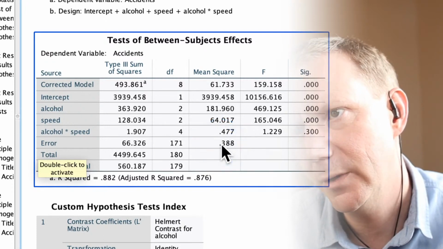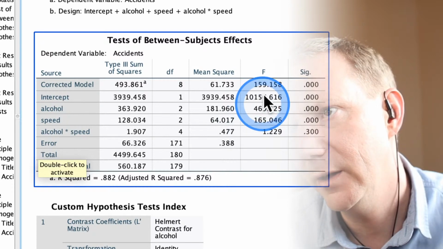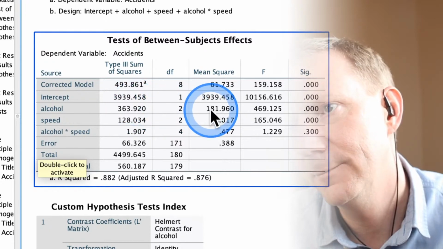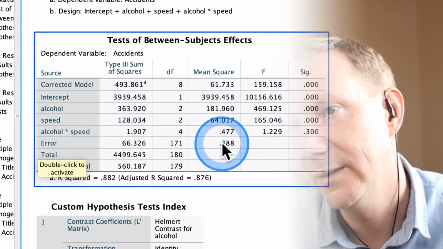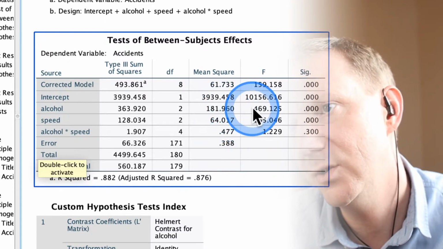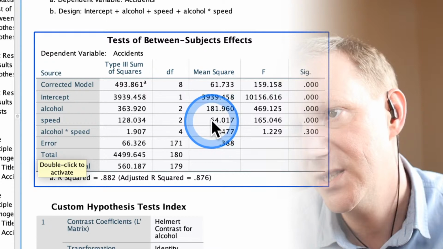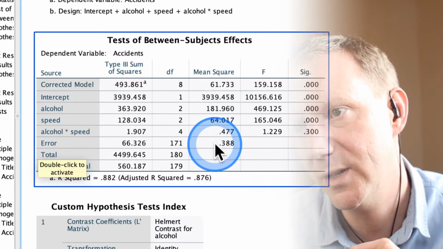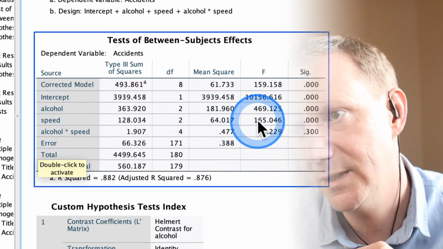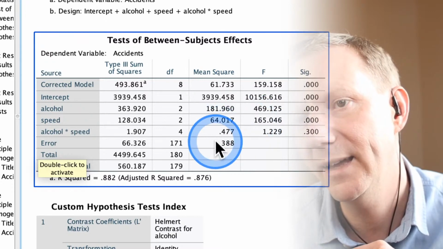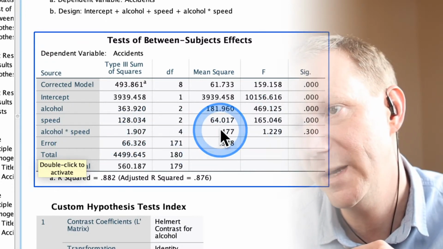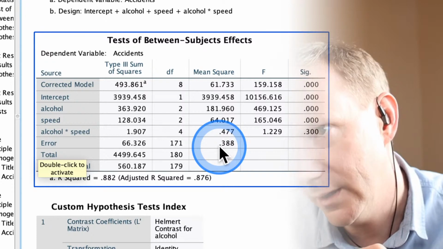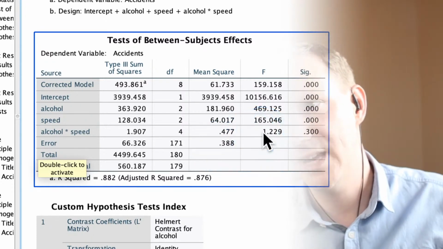And based on this mean square for the error, you get the F value, for example, for alcohol, by dividing the mean squares for alcohol by the mean squares for the error. The same thing is done for speed. You divide the mean squares for speed by the mean squares for the error, which results in the signal to noise ratio, the F value. And finally for the interaction between speed and alcohol, divide 0.477 by 0.368, which lands you this F value.